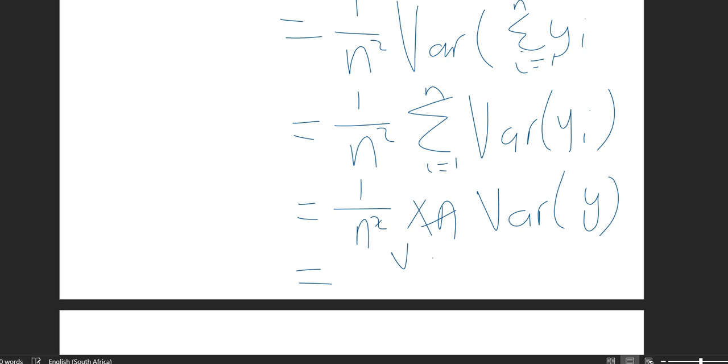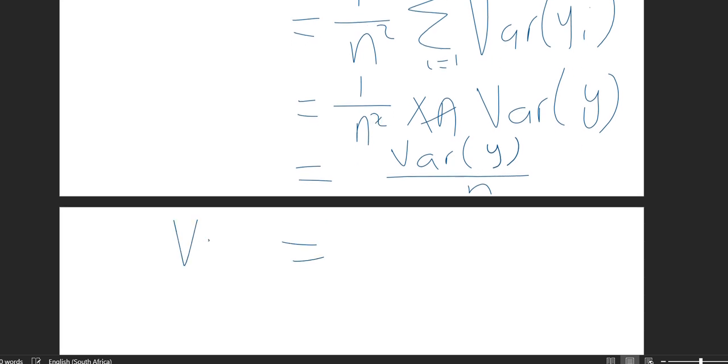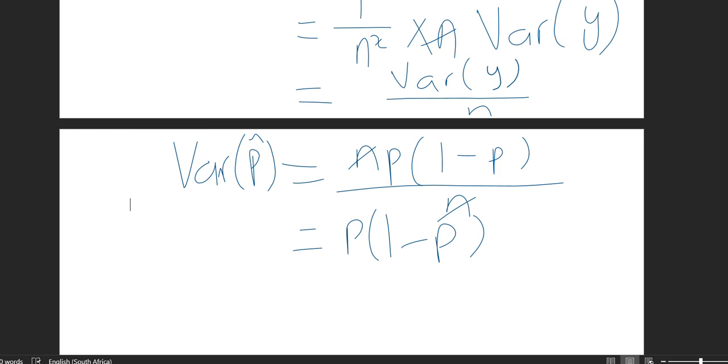This will be the variance of y divided by n. Recall the variance of the binomial distribution, so the variance of our maximum likelihood estimator is np times 1 minus p divided by n. The n cancels, so our variance will be p times 1 minus p. This is the variance of the MLE.